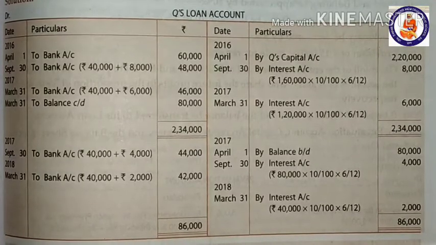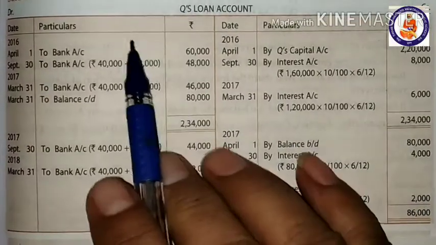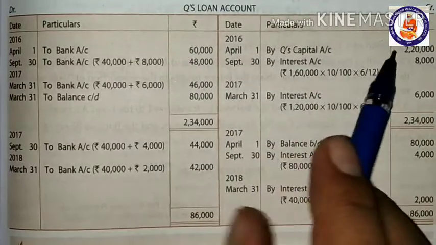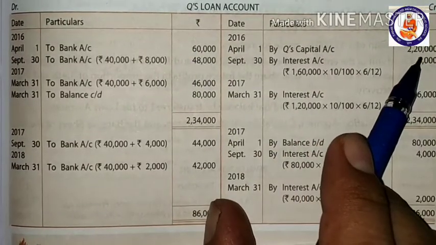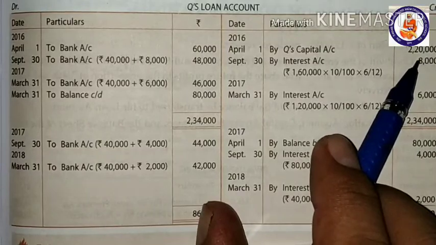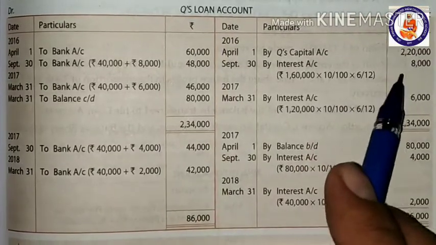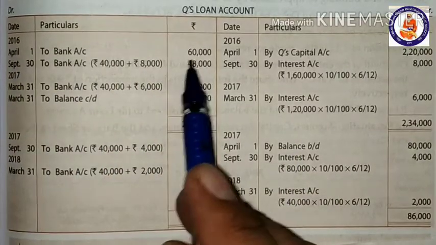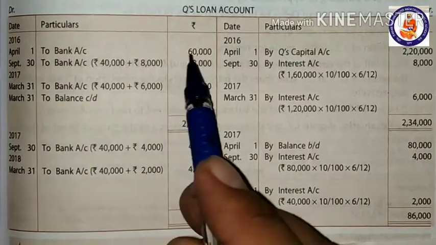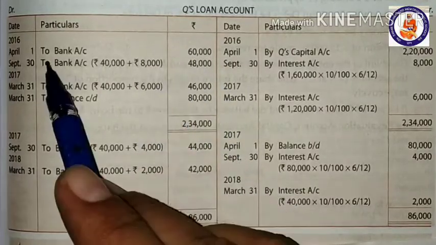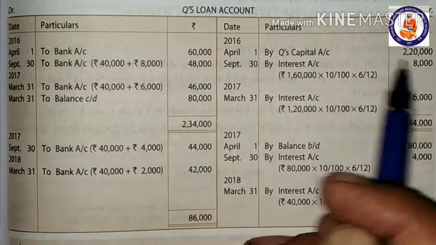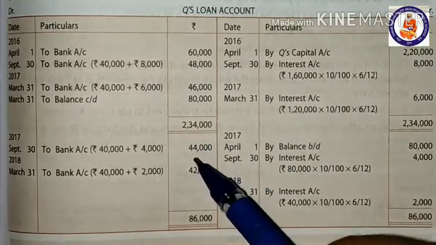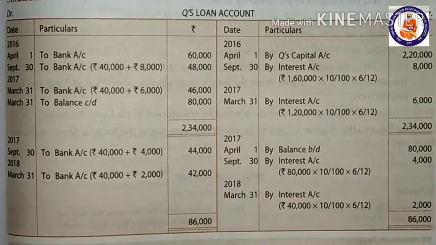In this solution we opened a loan account, and we transferred the 2,20,000 from the capital account here. Out of this 2,20,000, on 1st April the amount of 60,000 is paid, as was in the question. Now the remaining amount is 1,60,000, to be paid in 4 equal installments, means 40,000 each.